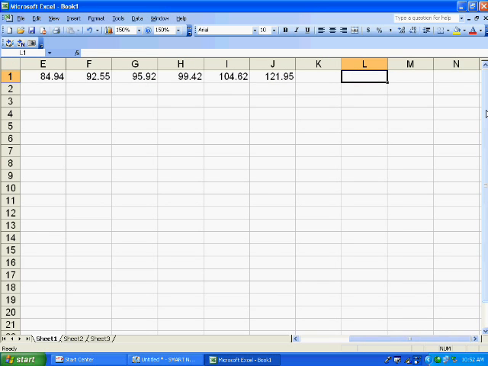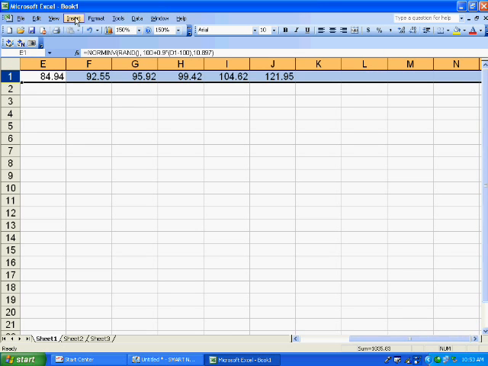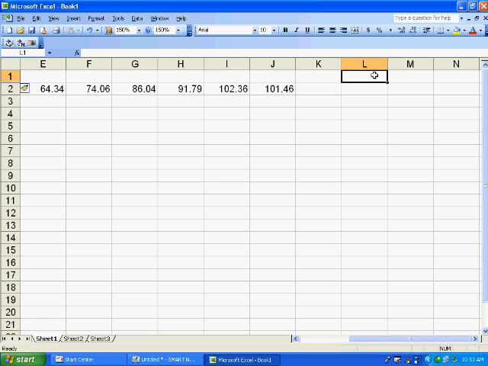Now, let's go ahead and form the confidence interval. So at this point, let me label this. I'm going to insert another row so I know what I'm doing. Otherwise, I won't know what I'm doing. In L1, I'm going to put the sample mean.